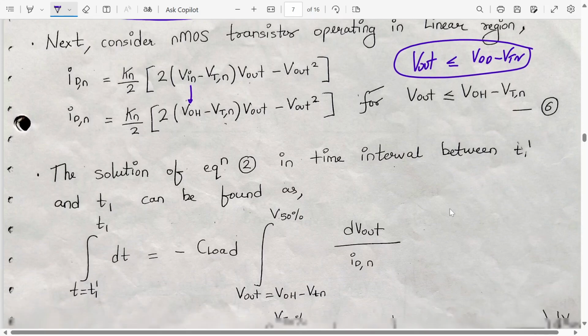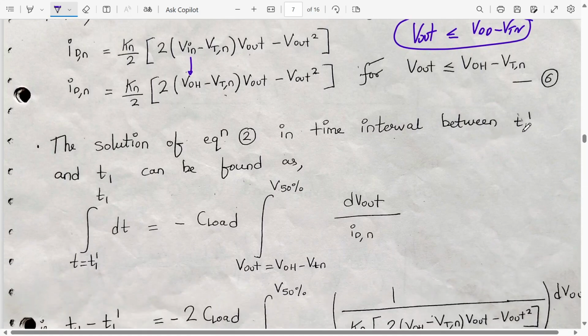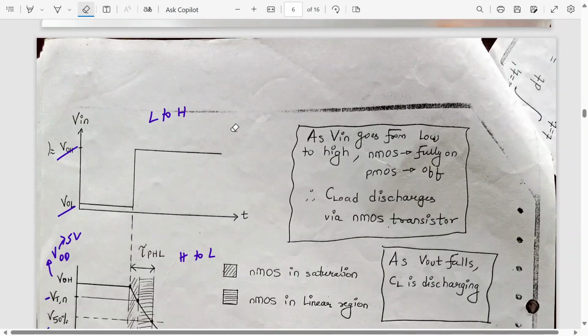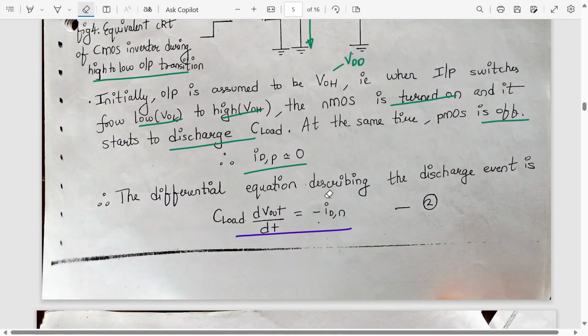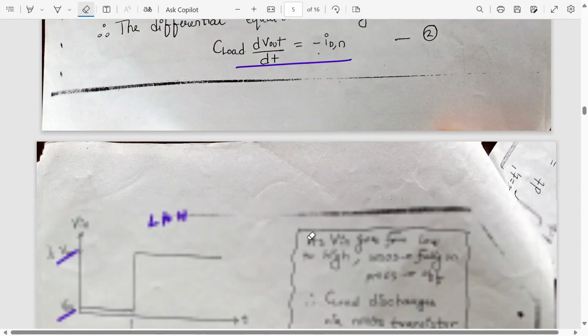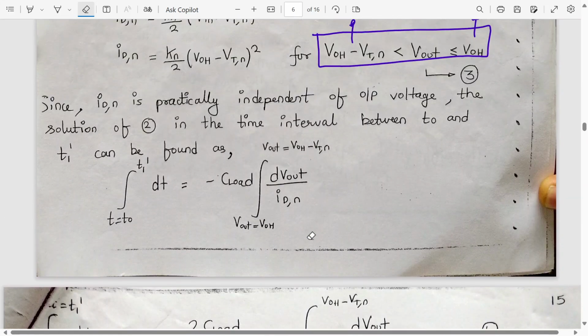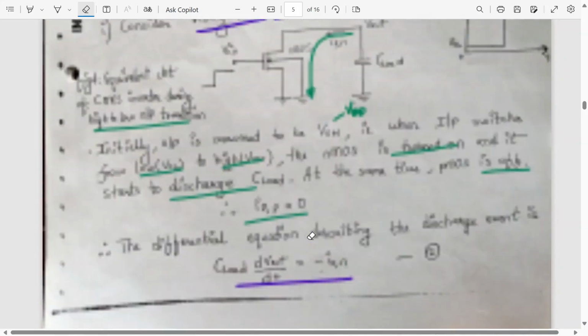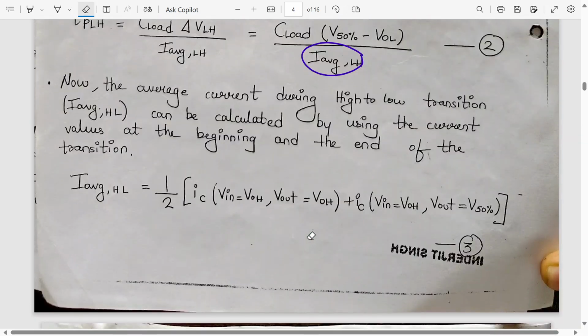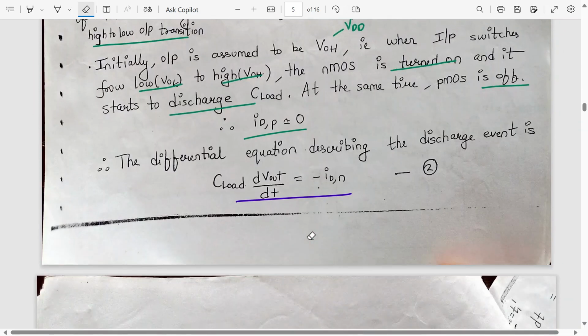So the solution for equation number 2 is the time interval between, yeah, equation number 2, sorry, from above. Let me show you equation number 2. Okay. So how we got that: we have written that id is equal to, let me write, yeah.